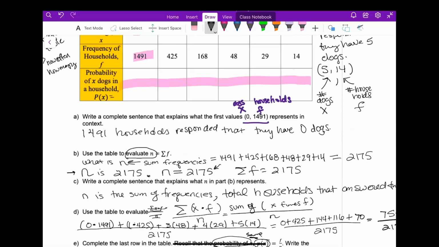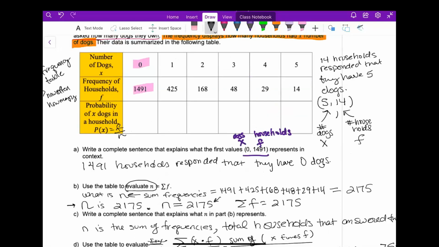We're going to do this by taking f divided by n. What is the first value we have? What's f? F is 1,491 divided by n, and n is the sum of frequencies, 2,175. So actually we can go through all of this and it's fairly simple.